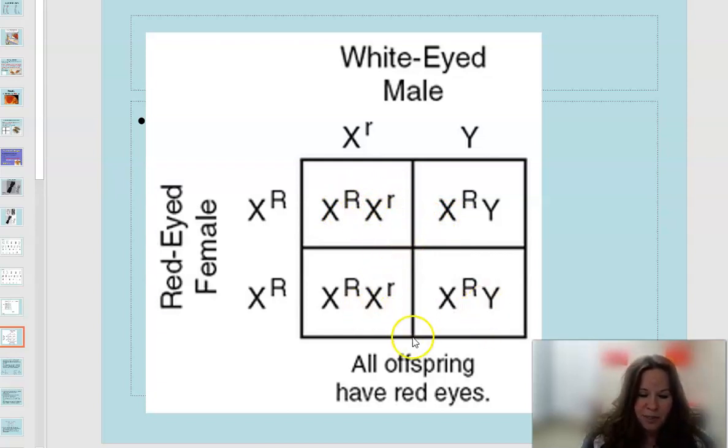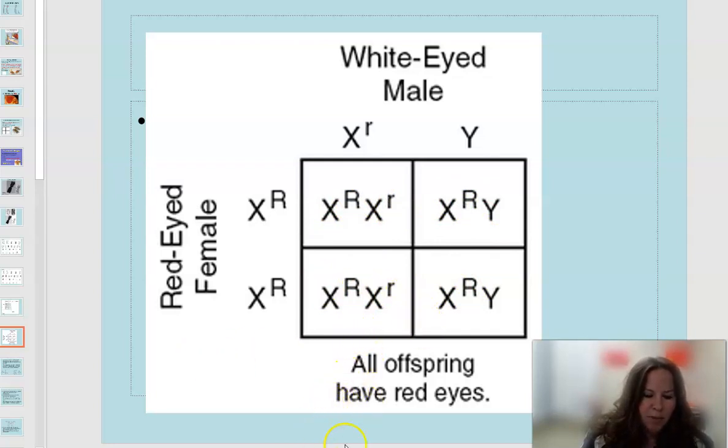All right, so in this case, this would be the correct way to do that original problem where we took homozygous red-eyed females with white-eyed males. Then what we would expect, like we got before, all 100% of the offspring are red eyes, because in every square we have the dominant gene, the big R, present.